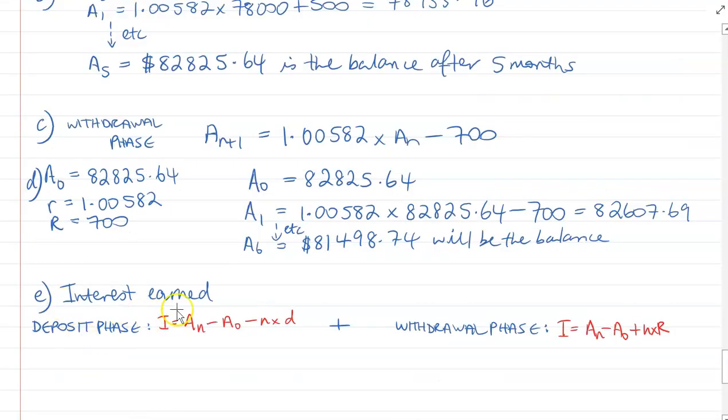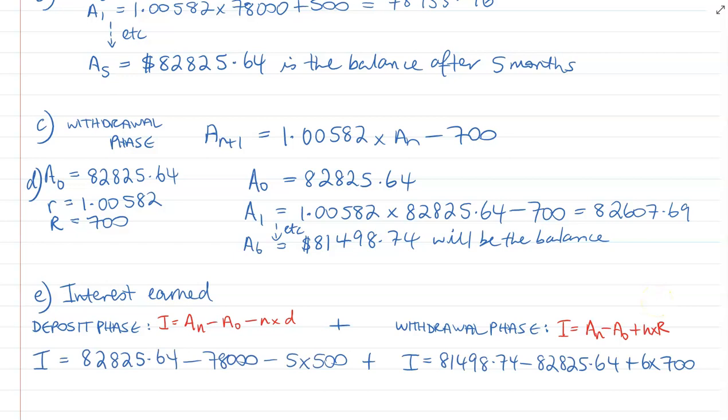Just recalling the formula, for the deposit phase, I subtract the balance after 5 months from the initial principal of 78,000, and then minus the number of compounding periods by the deposit. Withdrawal phase, I essentially do the same thing, except I'm adding on the number of times $700 was withdrawn.